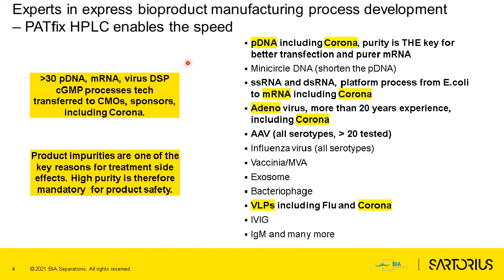Even more than 30 kilobase plasmids are possible to purify with our platform process. We have quite some experience also with other types of DNA, like minicircle and doggybone. Recently, we directed much more effort towards mRNA, first oncolytic and mRNA vaccines, and recently corona.